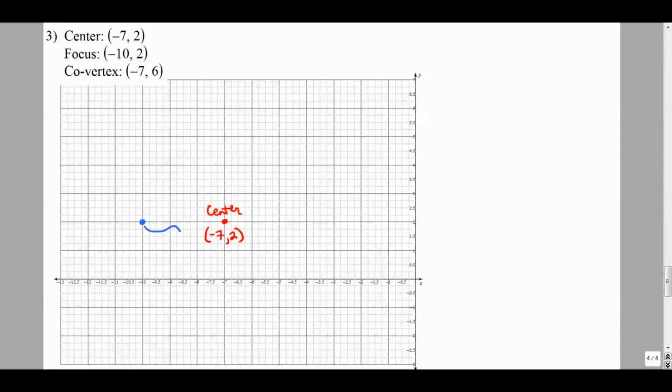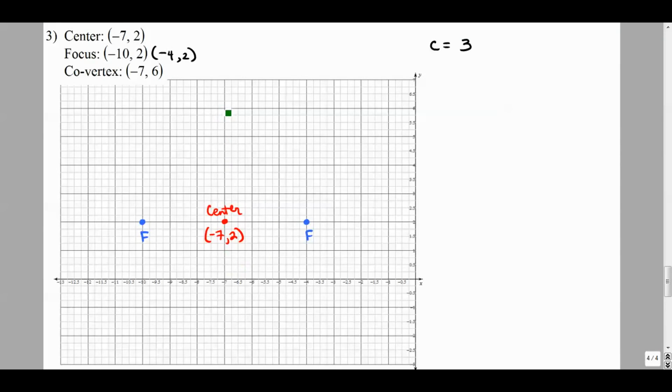Again, this distance is c, and that would be 3 units. So I'm going to go over here to this point and put my other focus. That would be -4, 2. So that distance, little c, is 3 units.